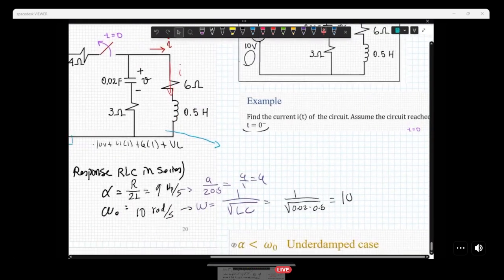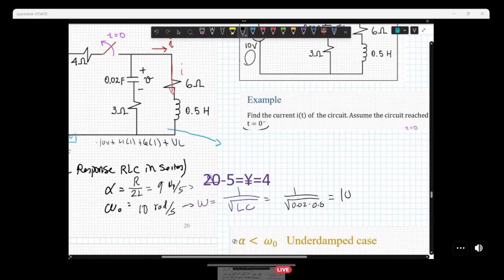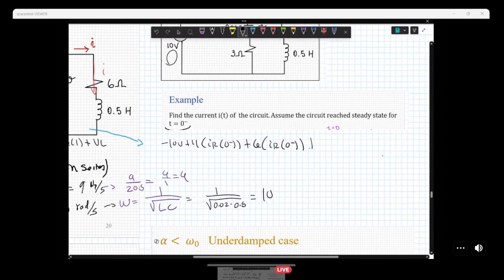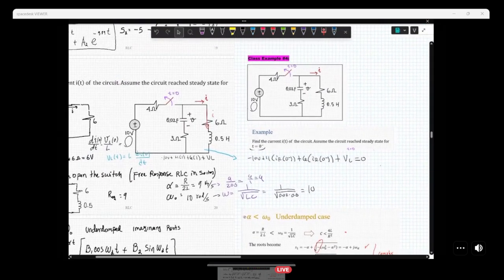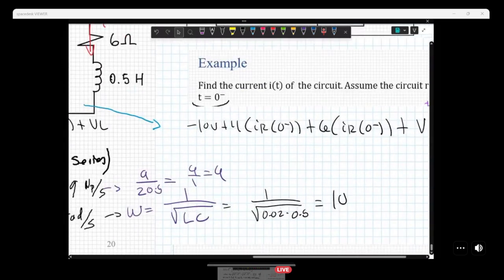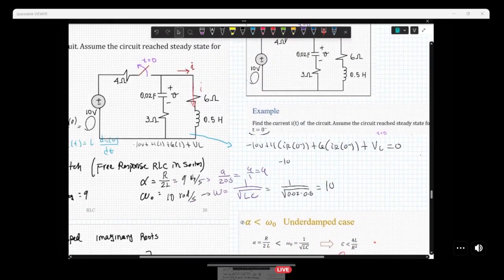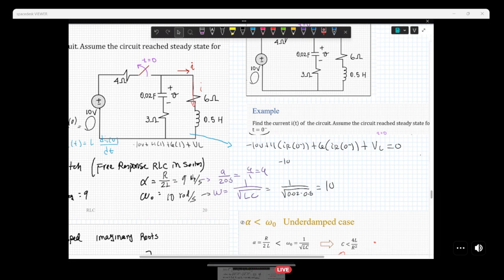The switch isn't flipped up just yet, so it's gonna be minus 10 volts plus 4 times the I_R(0-) plus 6 times the I_R(0-) plus the V_L equals 0. So this becomes minus 10. No, I'm gonna get 0. What did I do? Wait, let me look at my calculator.